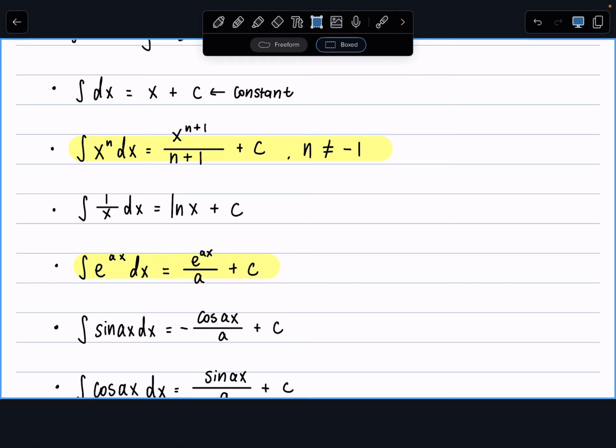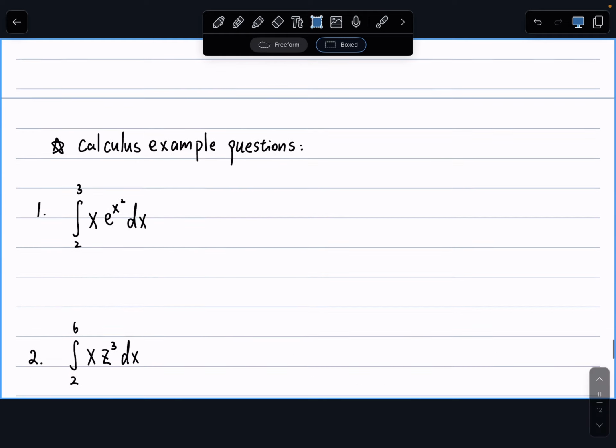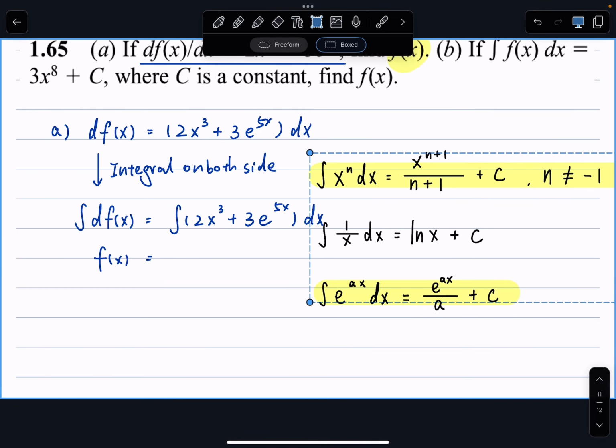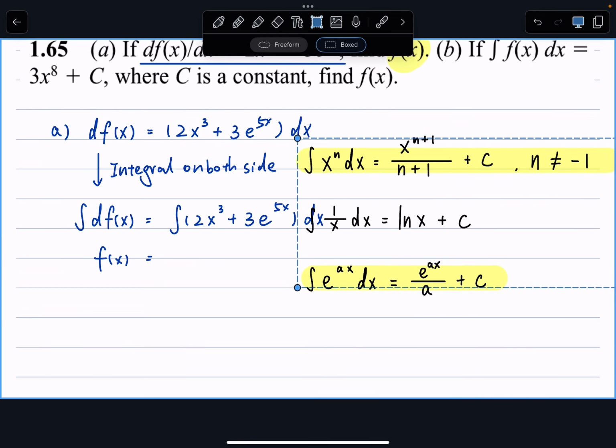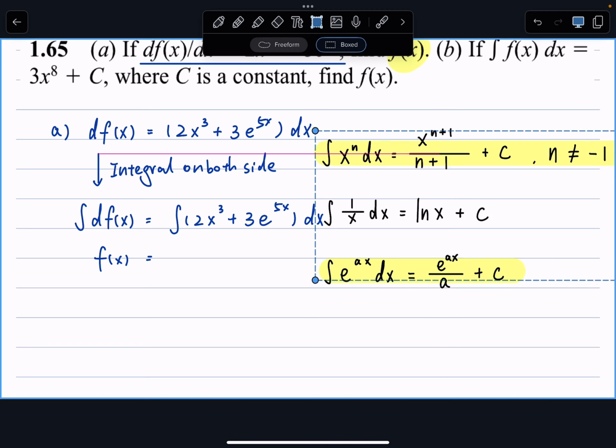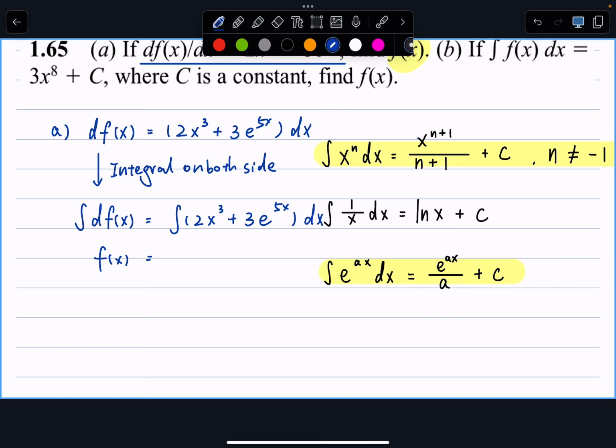I'll copy these two down just for your reference. And you can solve that integration pretty easily. This one ends up being 2 times x^4 over 4, plus 3 times e^(5x) over 5, plus some constant c.